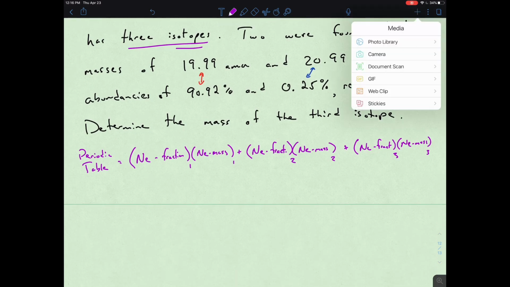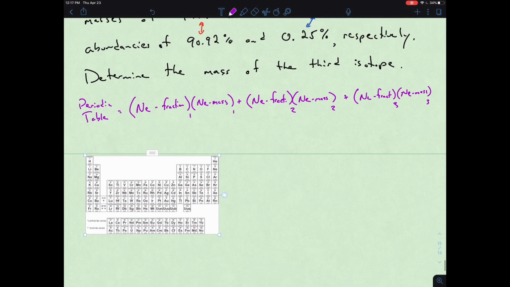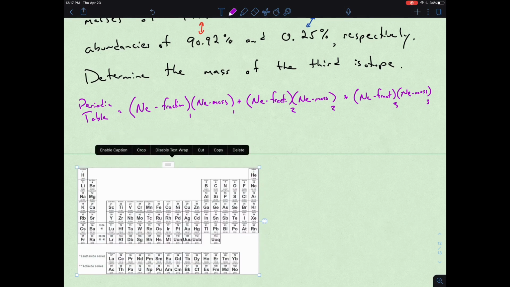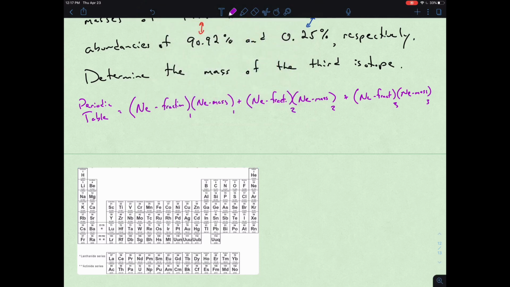And if we go to our periodic table, we can define the mass of our neon here to be essentially 20.179, for the purposes of our example.